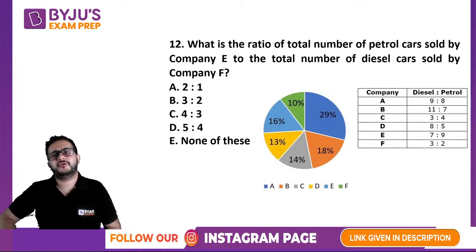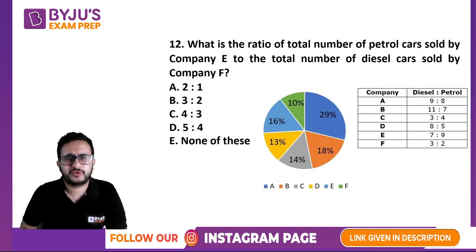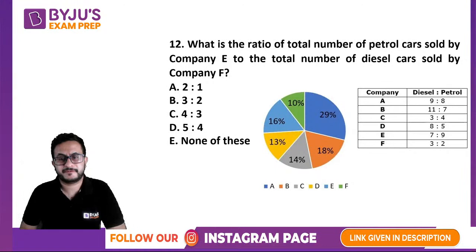What is the ratio of total number of petrol cars sold by company E to the total number of diesel cars sold by company F?